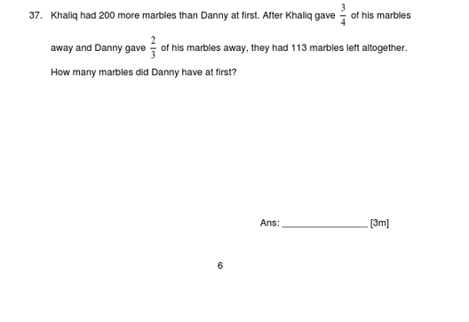It's very similar to one of the questions that we did recently. We normally draw the before model first. It's easier that you draw the before model for this. I'll show you why. So we have Khalid and we have Danny. And you know that Khalid has 200.